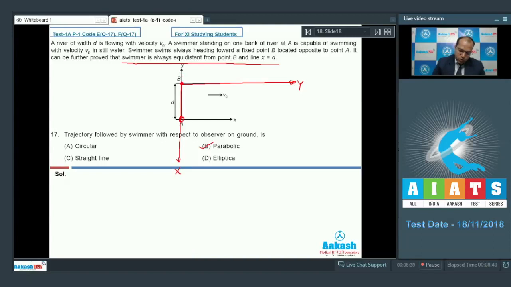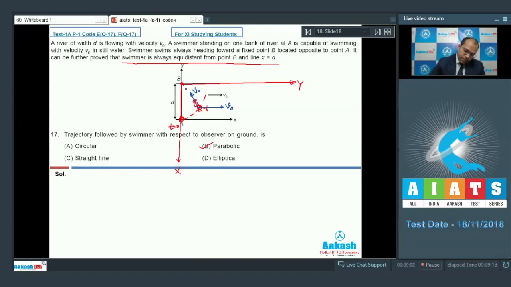At t equal to 0, the swimmer is at this position, and the swimmer moves along this path, and at any time t, the swimmer has reached this position. Here it is always heading towards point B. The velocity of the river at that moment is v0 in this direction, and the velocity of the swimmer in still water is v0 in this direction.